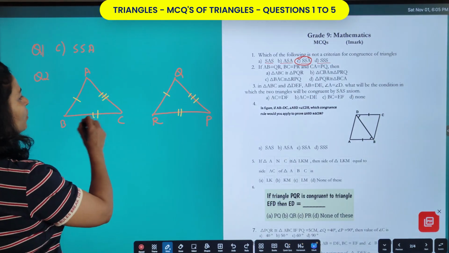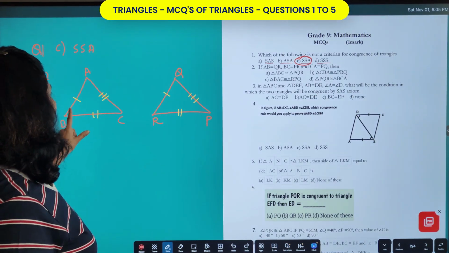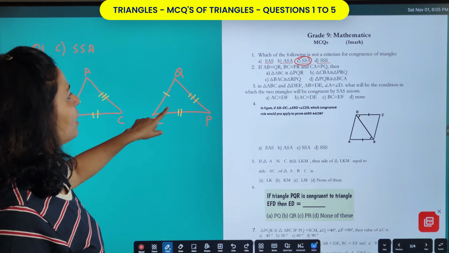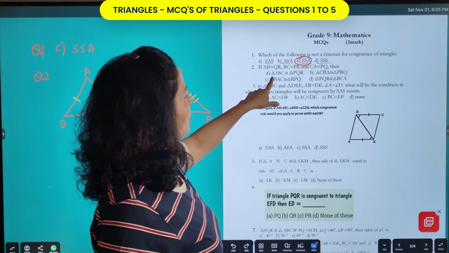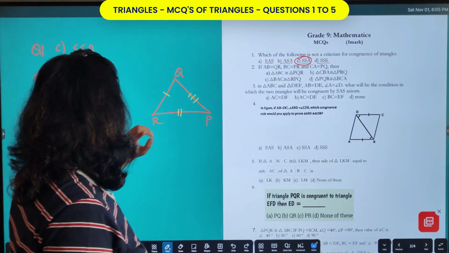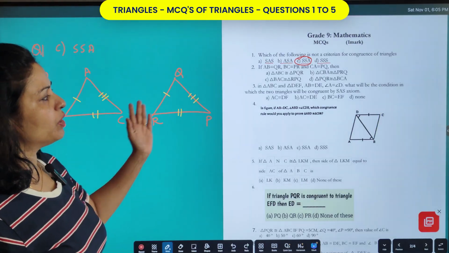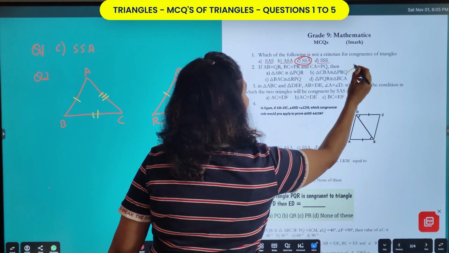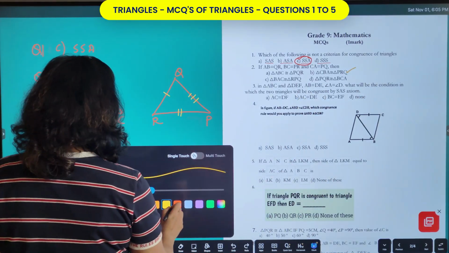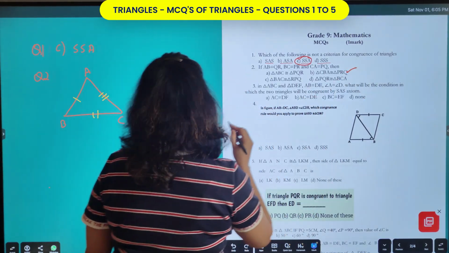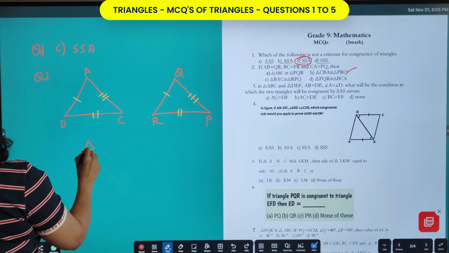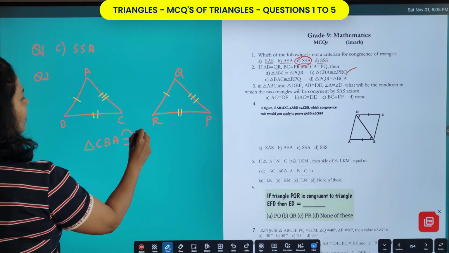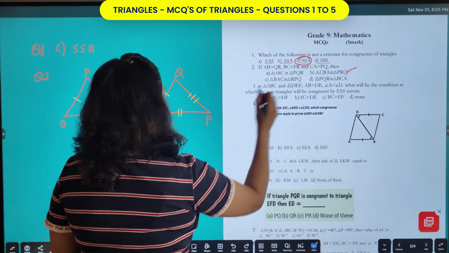You have to see the corresponding sides, okay? Now if you see, ABC congruent to QRP, but is that option given here? ABC congruent to QRP is not given. So we have to look for which option is given here. If you see option B, triangle CBA congruent to triangle PRQ.